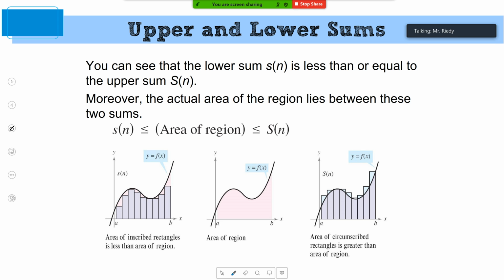So we don't care about left and right when we're doing lower sums. We just want to make sure they're always below the curve. All the way to the right are upper sum rectangles, also known as circumscribed, by the way. Inscribed for lower sums, circumscribed for upper sums. Regardless of whether the rectangle is left or right, it must always be above the curve.